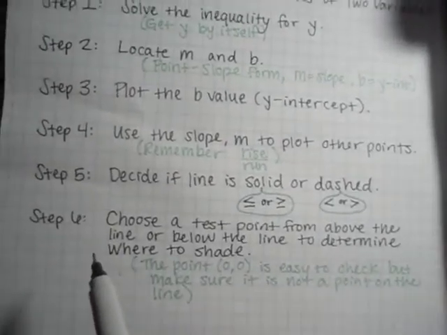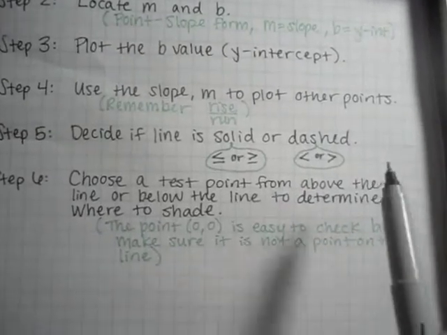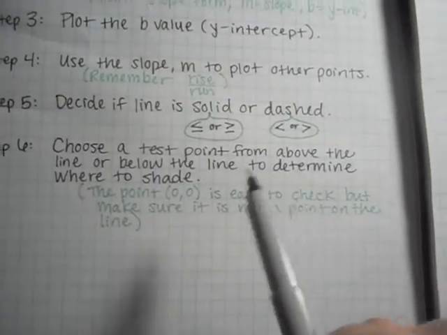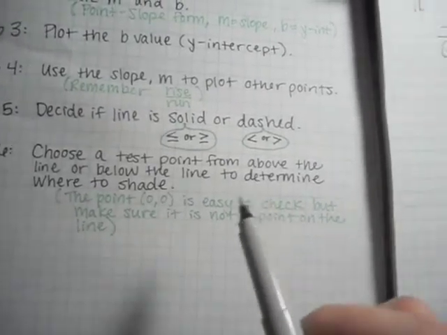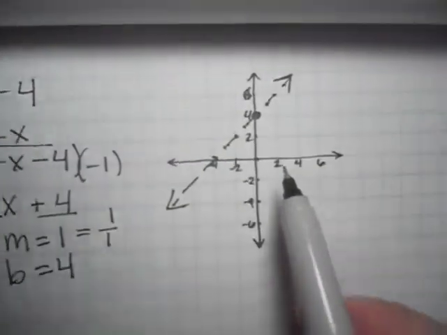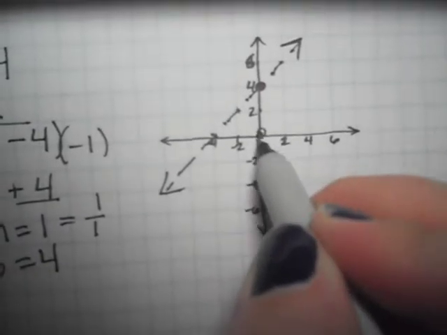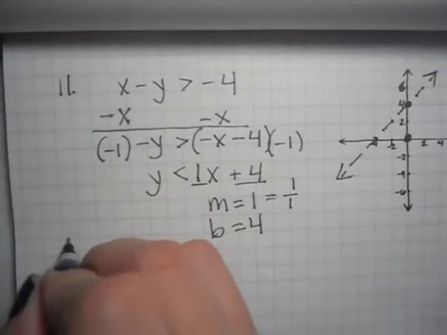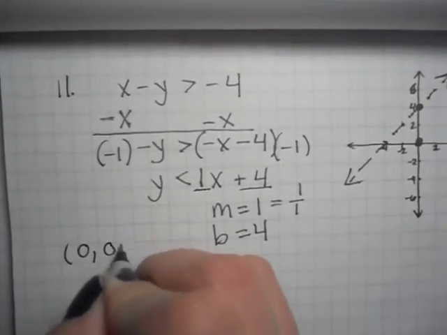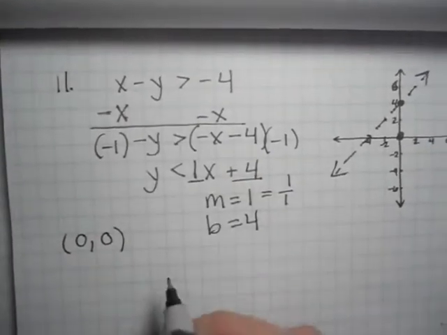Step 6. Choose a test point from above the line or below the line to determine where to shade. Point 0, 0 is easy, but we have to make sure it's not on the line. 0, 0 is here, and it's not on the line. So let's try it out. I'm going to plug in the point 0, 0 as a test point into this inequality.